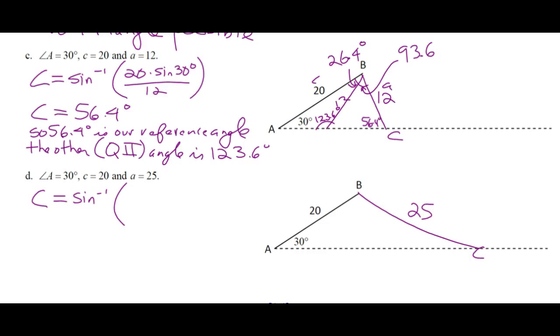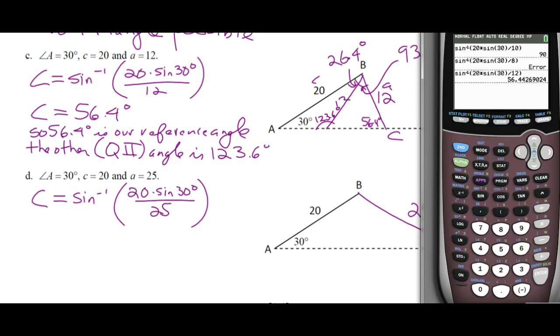Now we've seen it, we've done the GeoGebra thing and this. Okay, so what do we got? Still got the same stuff, right? It's 20 times sine of 30 degrees over 25. And what does that give us? 23.6 degrees.